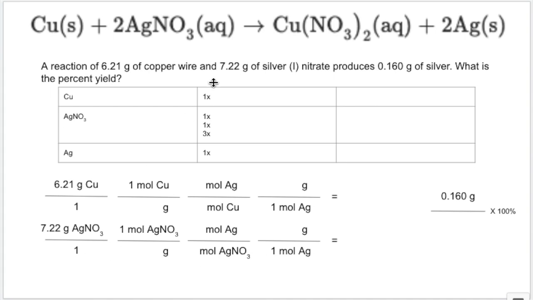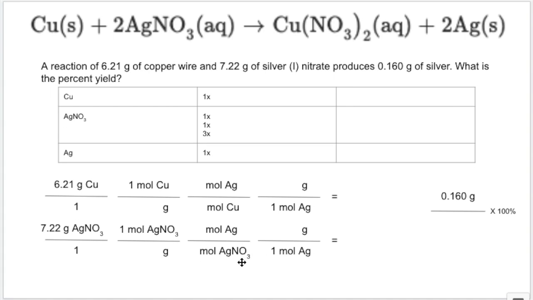For the next one, I'm going to focus just on silver nitrate and how much silver 7.22 grams of silver nitrate can produce. I'm starting with my 7.22 grams. I need to know the molar mass, which we calculated here by multiplying and then adding up the 3 to find the molar mass. Again, I need my ratio.